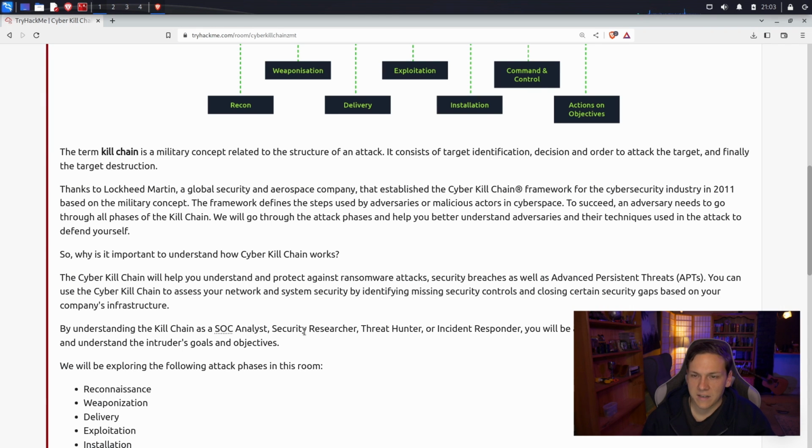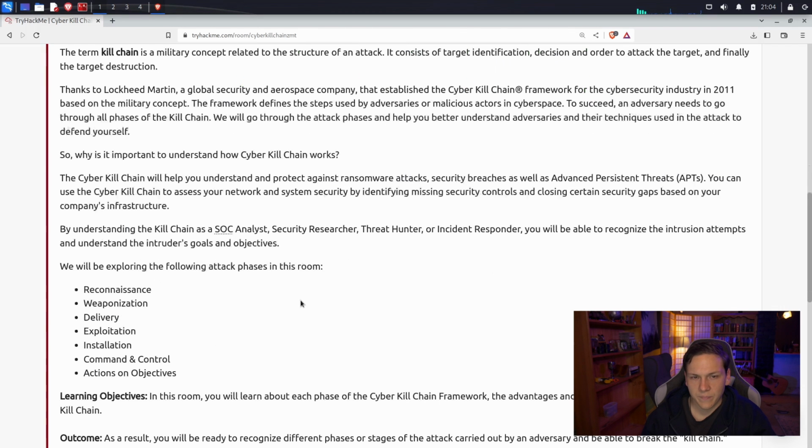We will go through the attack phases and help you better understand the adversaries and their techniques used in the attack to defend yourself. So why is it important to understand how the cyber kill chain works? The cyber kill chain will help you understand and protect against ransomware attacks, security breaches, as well as advanced persistent threats.